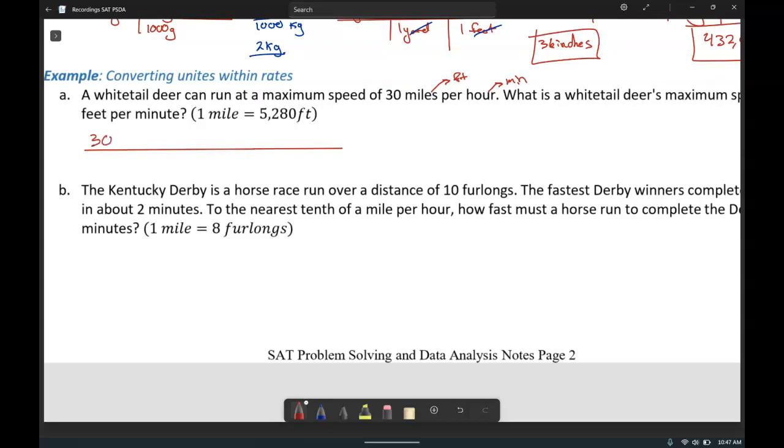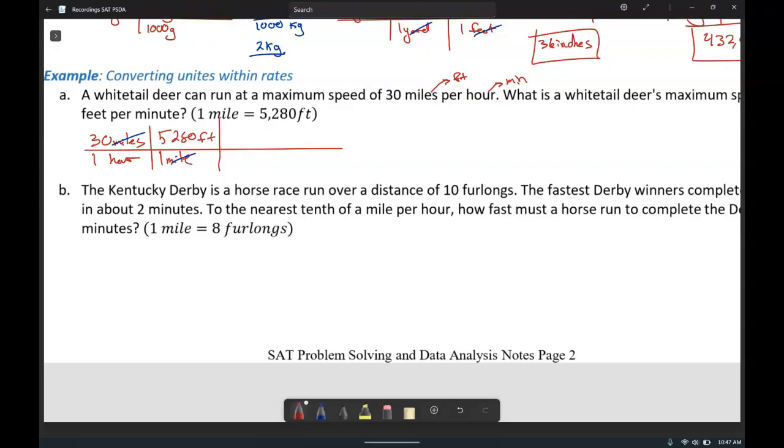So we'll start with our original, 30 miles per hour. Let's start with miles. They give us the conversion from miles to feet, so we can write in that 1 mile equals 5,280 feet. So the miles cancels out and we're left with feet.